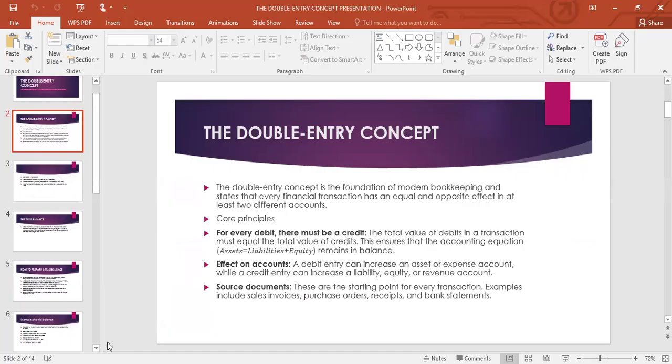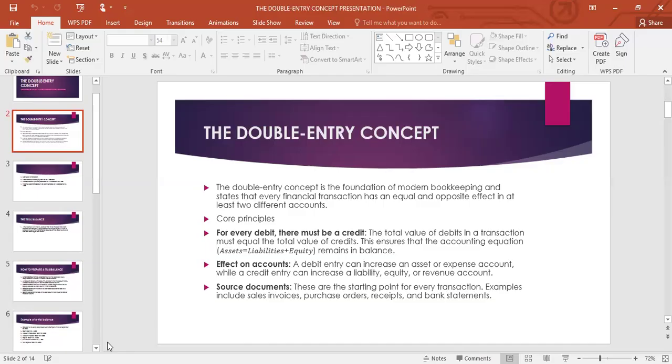The double entry concept is the foundation of modern bookkeeping and states that every financial transaction has an equal and opposite effect in at least two different accounts. For every debit, there must be a credit. The total value of debits in a transaction must equal the value of credits.